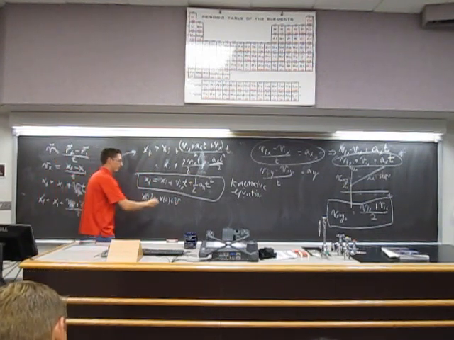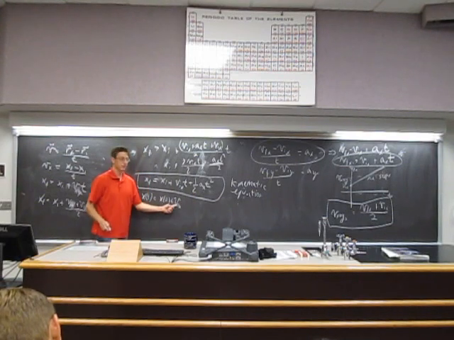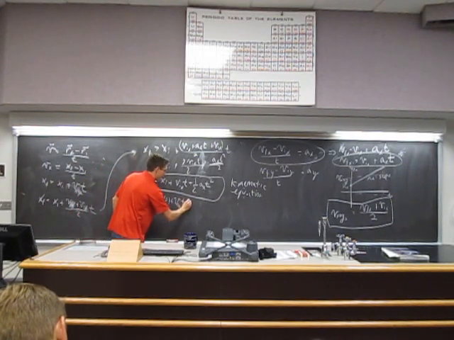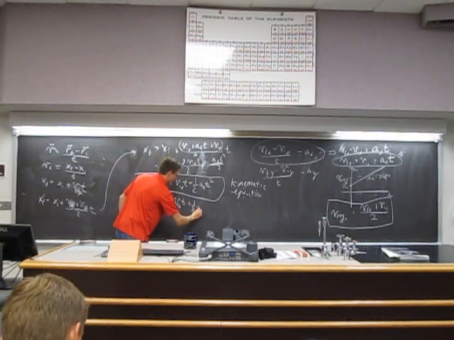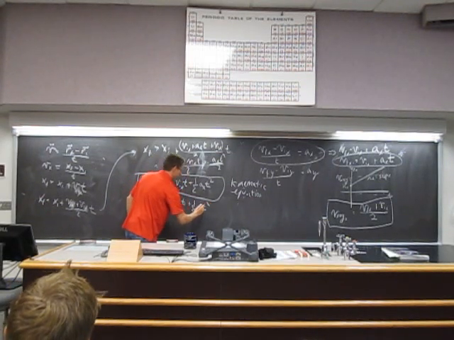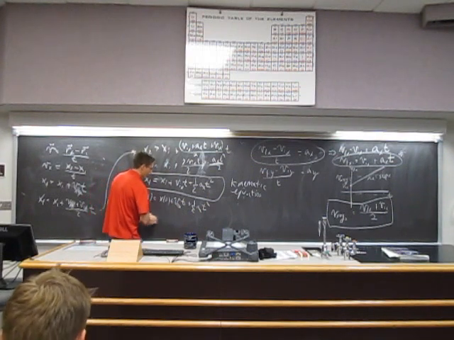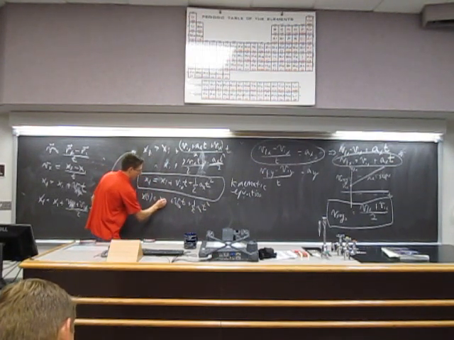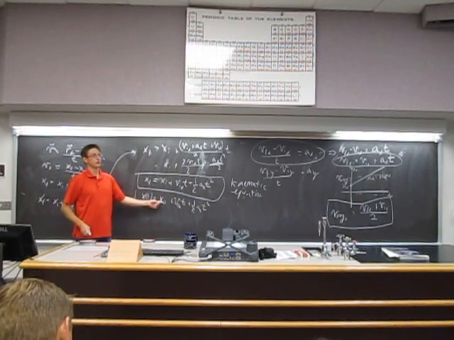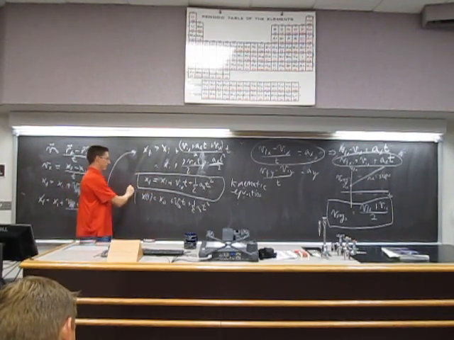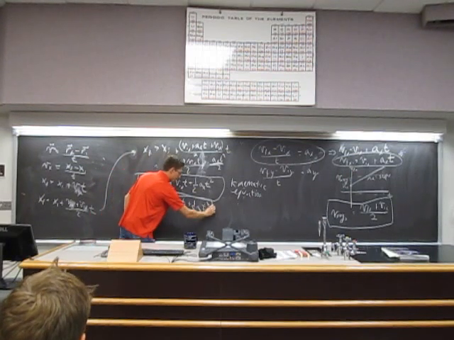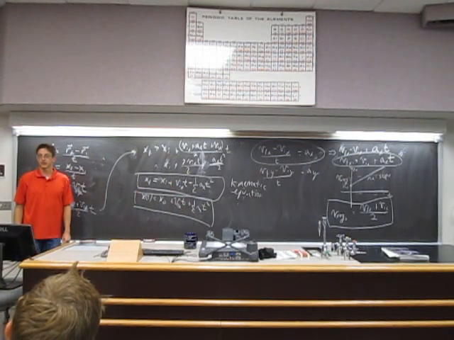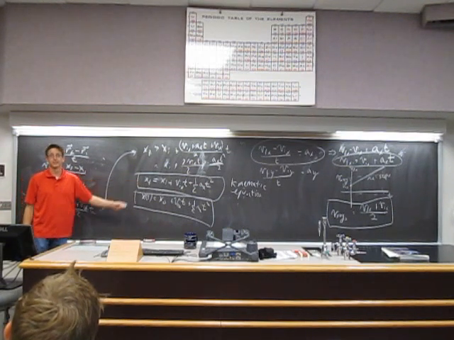It's more standard to write it as v naught x if the initial time is 0, times t, plus 1/2 the acceleration in the x direction times t squared. And then this x at time 0 often gets written x naught, as the position at time 0. Same thing as right up here.